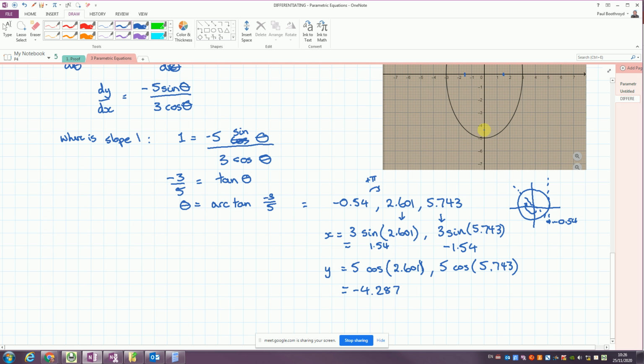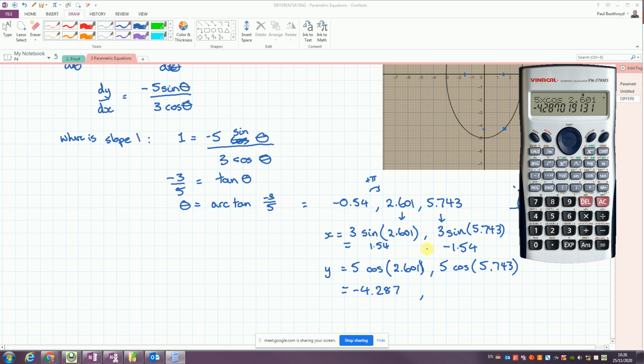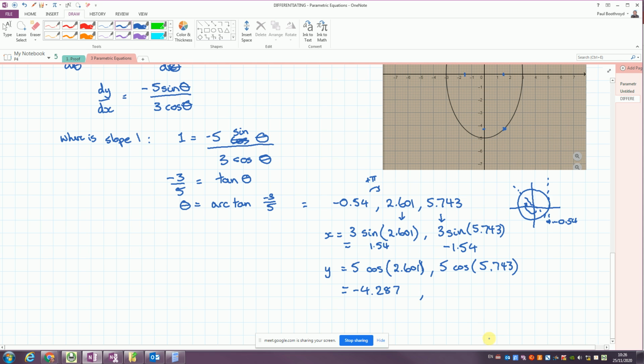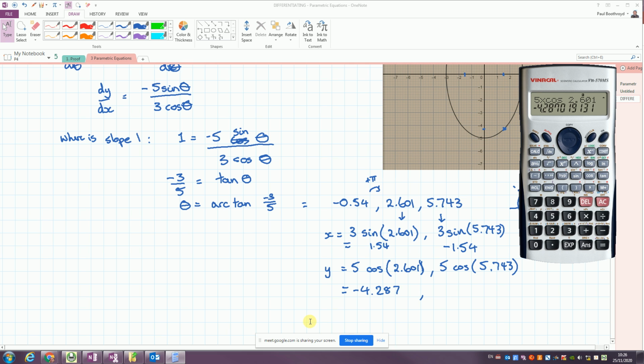So about minus 4.3, which is about here. So that's 1.54, and minus 4.3 is one coordinate. And when I do the other one, 5.743, this one gives me a positive 4.287.